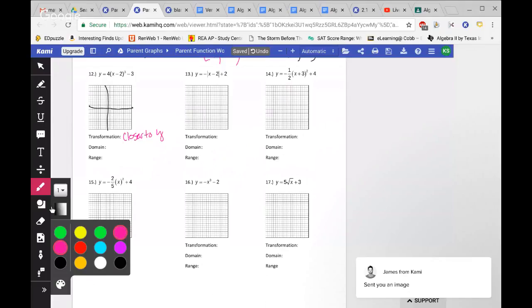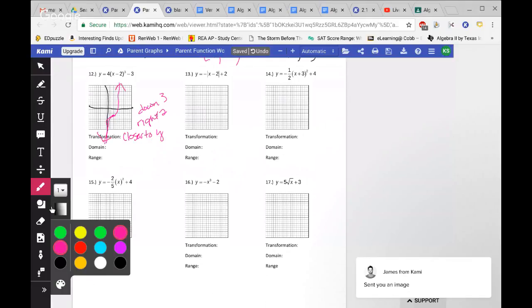Right 2, down 3. And it's a cubic. So right 2, down 3. And it's real skinny. It didn't look real skinny, but oh well.